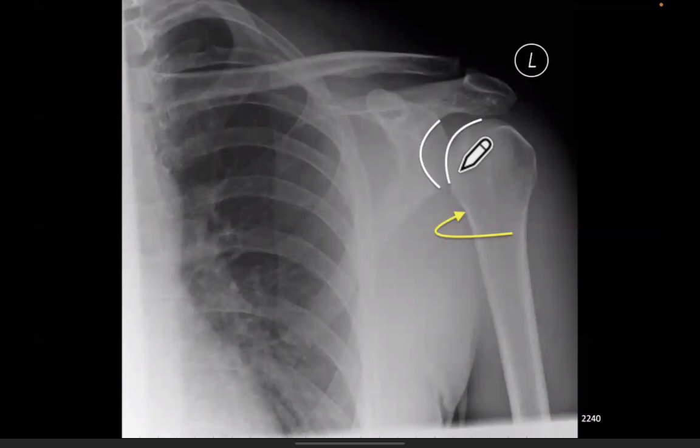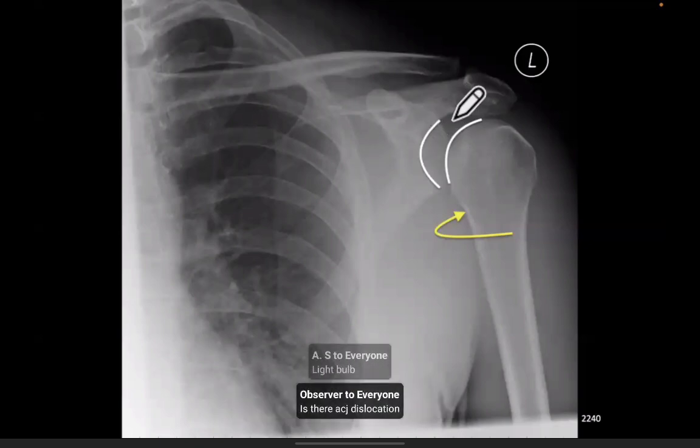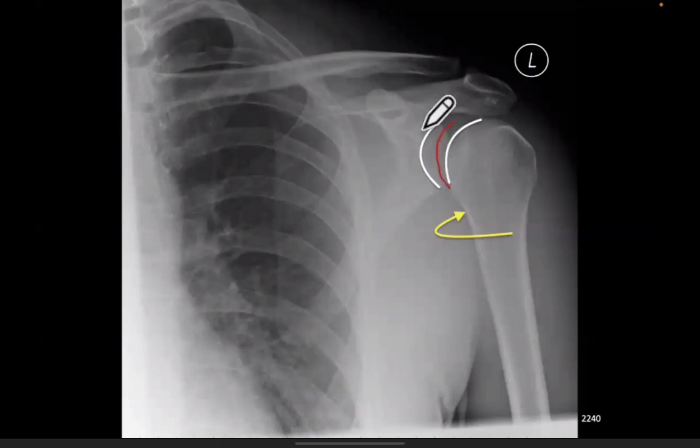So it's important just to remember that. But the sign I'm looking for is the loss of parallelism. So normally the humeral head should be parallel. I haven't drawn that very well, but that should be parallel to that line there. And the fact that it isn't means that there's a posterior dislocation.